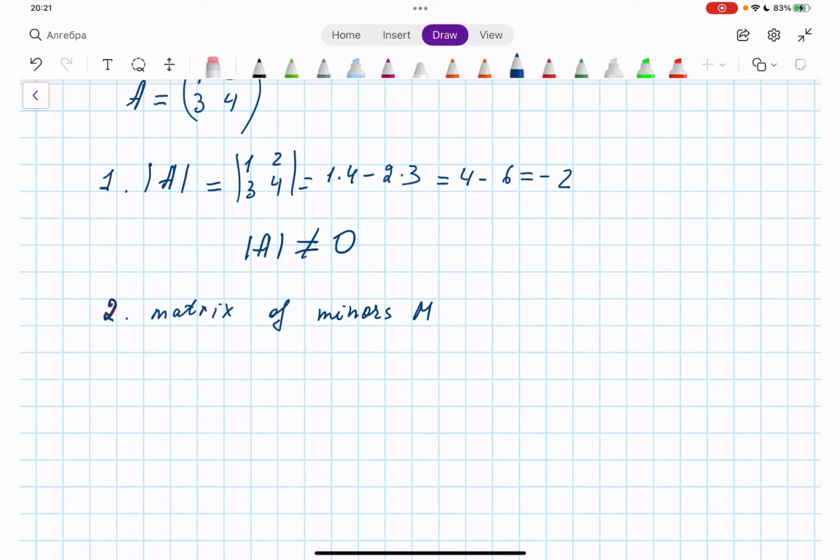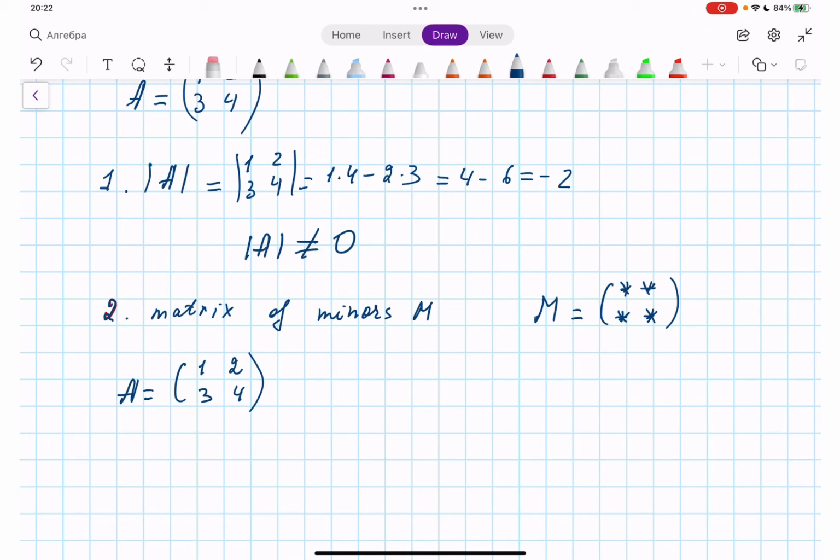In this case it's going to be M, which we are going to fill up with elements of our matrix. But how are we going to do that? Back to our original matrix, A is equal to 1, 2, 3, 4. We are going to fill out this matrix of minors.